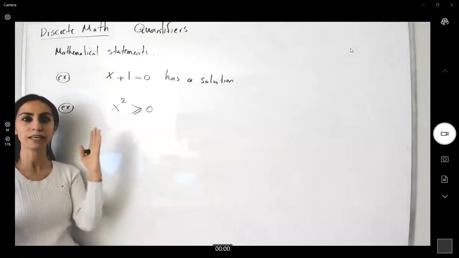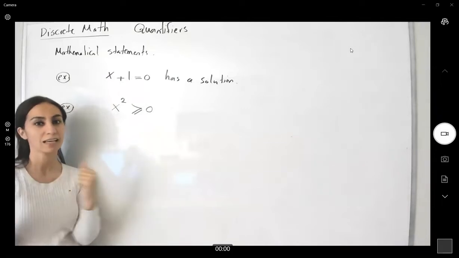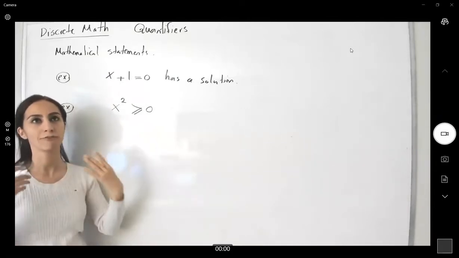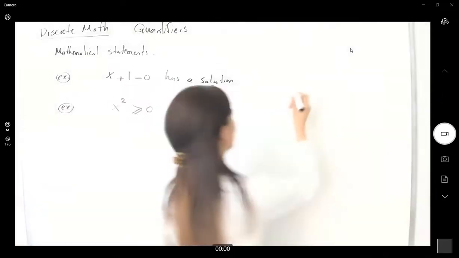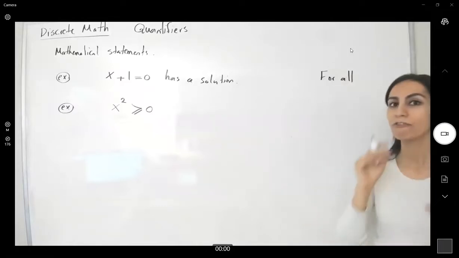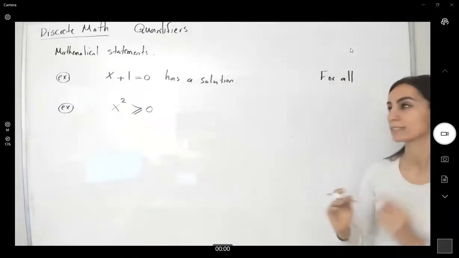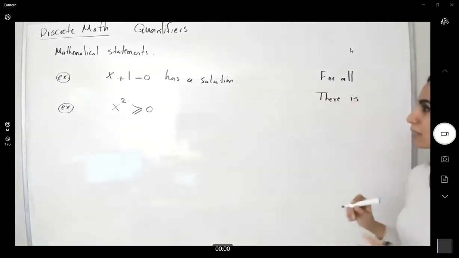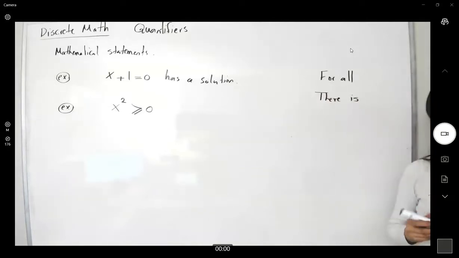So I want you to think about this. I have two statements, and for one of them, I'm allowed to use for all, for any random value. For one of them, I can only use there is, there exists. So which one can be connected to these two statements?